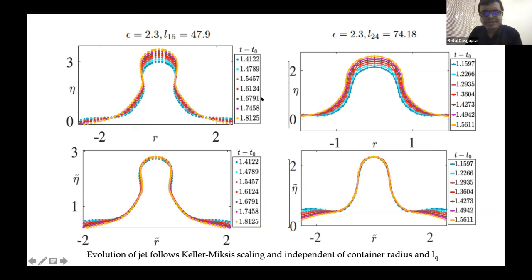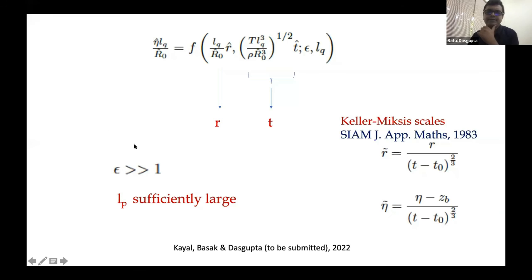Yes, and Sharath has a question. He says, I might have missed this, but can you please explain where you have to use the Keller mix scaling? So basically, in the regime where epsilon is much greater than 1, this was a hypothesis, so there was no obvious reason to expect it. But the physical intuition was that maybe locally there is a region of very high pressure, and that evolves independent of where the wall of the container is.